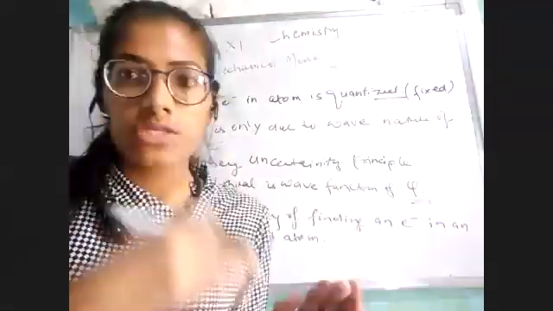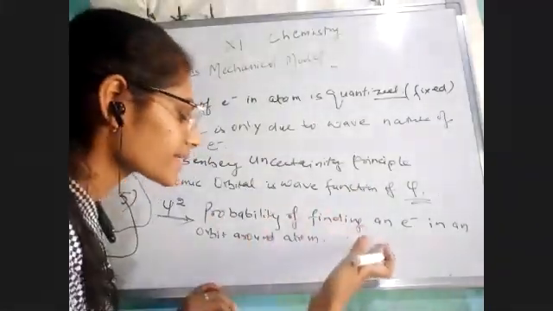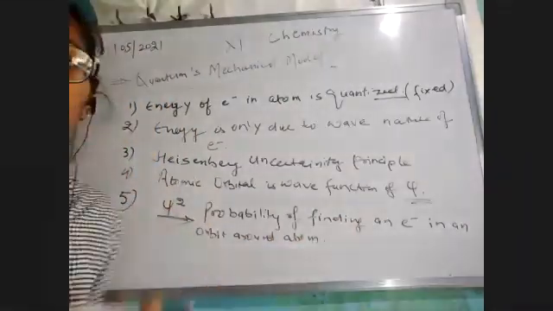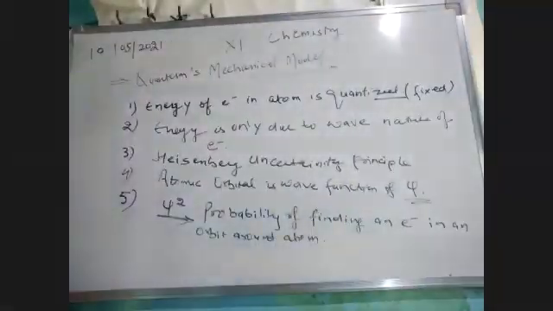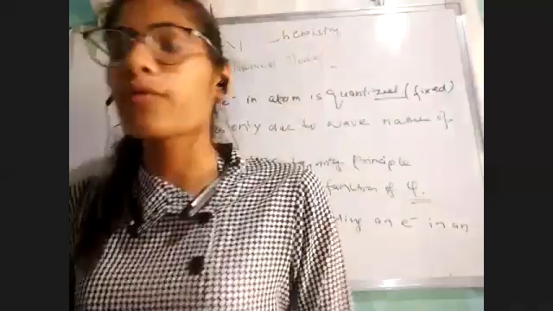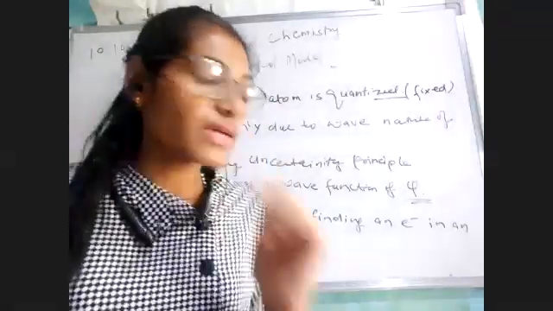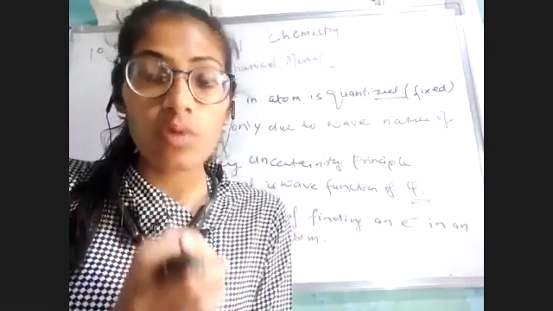The value of psi, if I am going to square it, what would happen? The probability of finding an electron in an orbit around an atom can be calculated by this psi square. These all concepts were given by the atomic orbital. If I want to elaborate on this last topic, I can say that if our orbital is small, near the nucleus, what would happen?